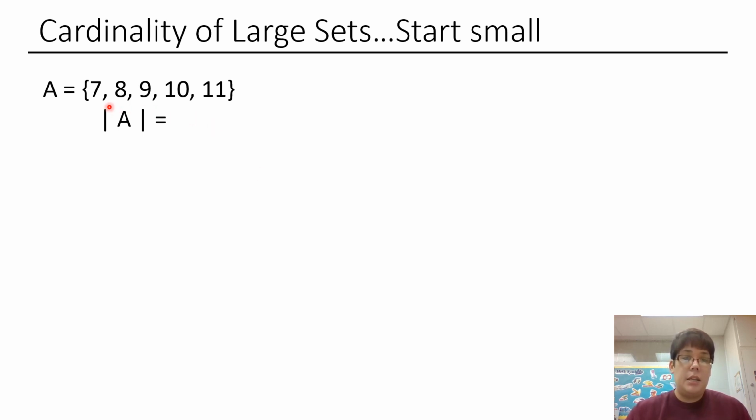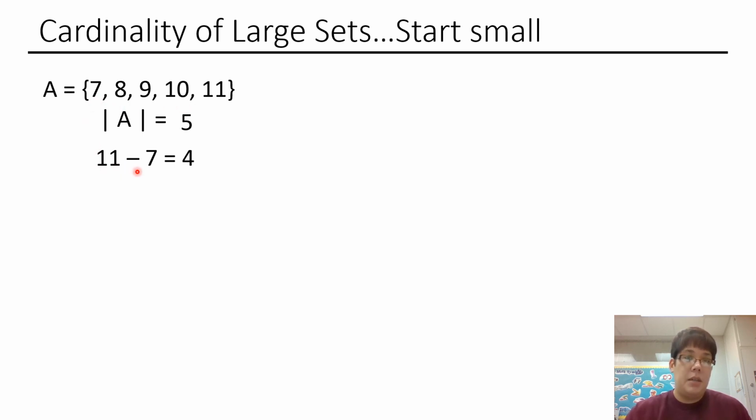So this is an easy set. A has the numbers 7 through 11. So the cardinality of A would be 1, 2, 3, 4, 5. Okay, that's not hard. All right, but here's what I want to look at. I took the last number and I subtracted the first number from it.